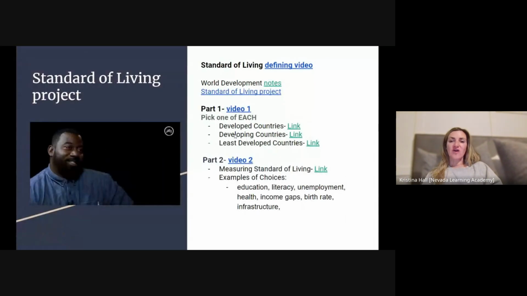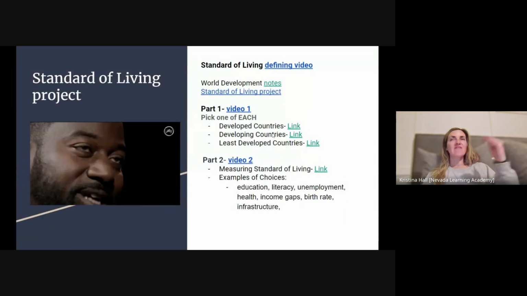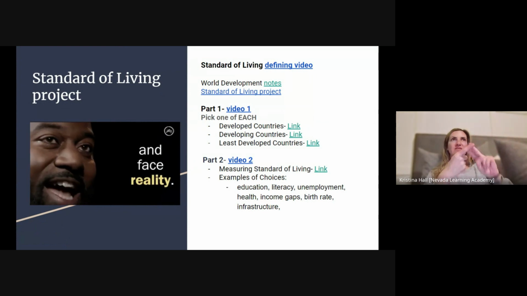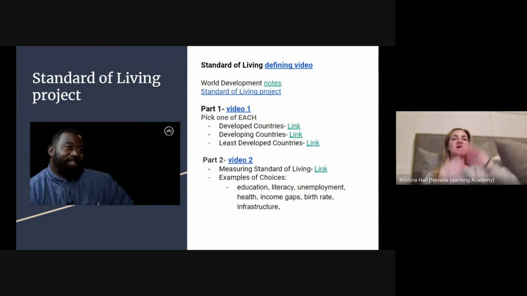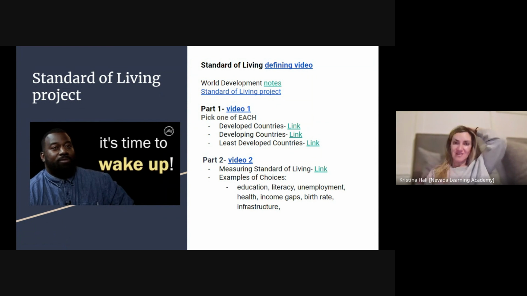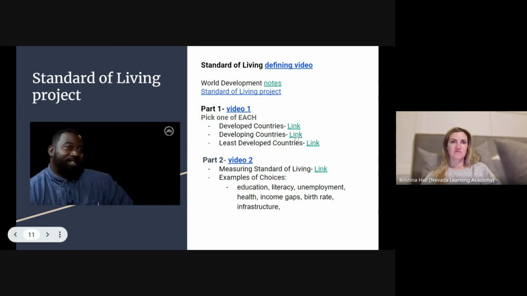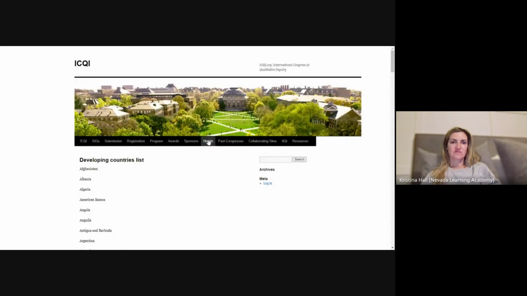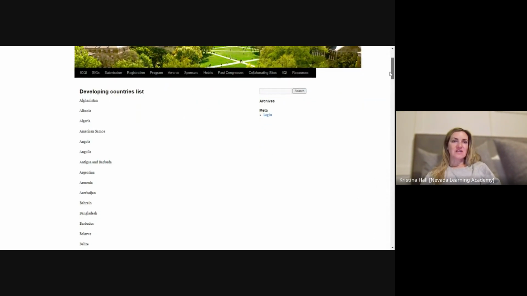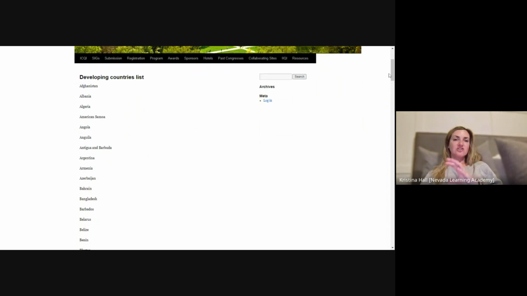Now we're going to look for our next, which is developing, which means they haven't reached the status of GDP, life expectancy, literacy, all those things that the developed nations have, but they're getting there. They're in transition. So let's take a look at those countries. This gives you a list of countries that are in transition.